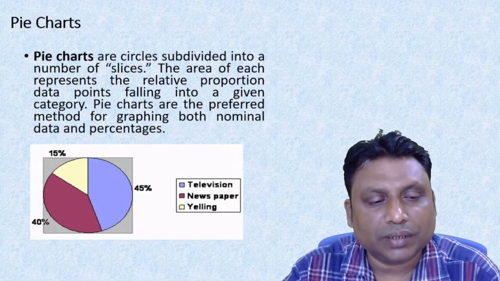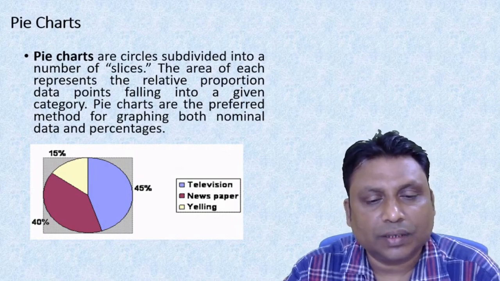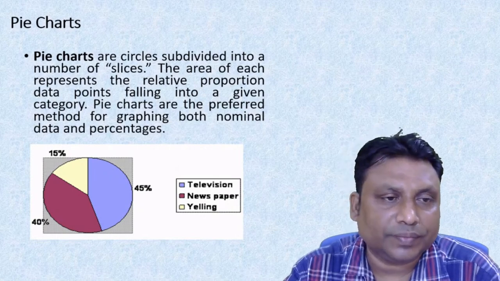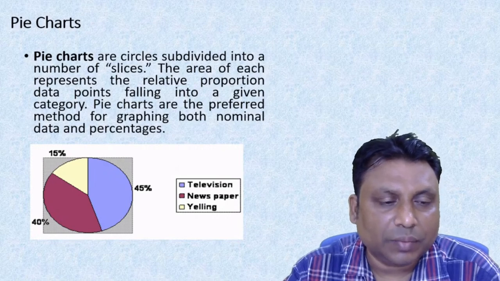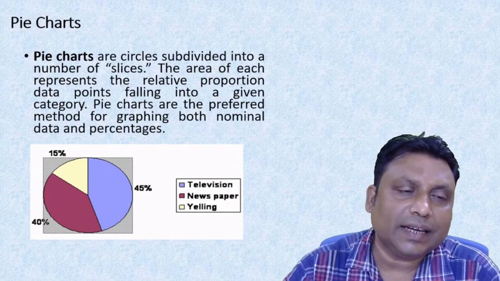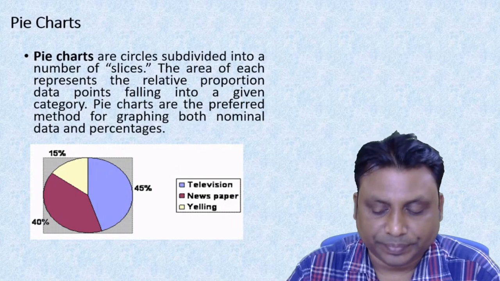Television is how many percent here? Television is 45%. Newspaper is how many percent? 40%. Yelling is how many percent? 50%. Because easily you can see the figure and draw your conclusion. Yes or no? So similarly, whatever chart you are using in your research work, immediately you can find the solution from your data.